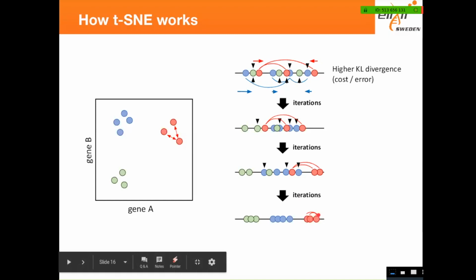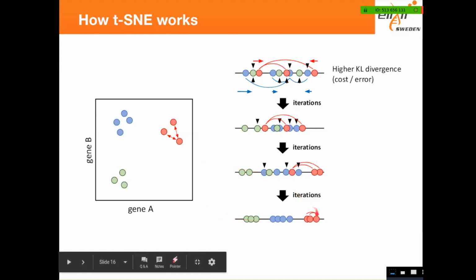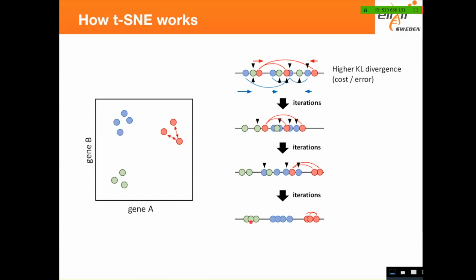So that's the idea of tSNE in a very simple example, let's say, that now you have an embedding where the distance between your red cells here is very close to that in your multidimensional space. And tSNE does not really concern itself with the distance between the furthest apart cells. So for example, the distance between the red and the blue and the green is not that important for the tSNE.